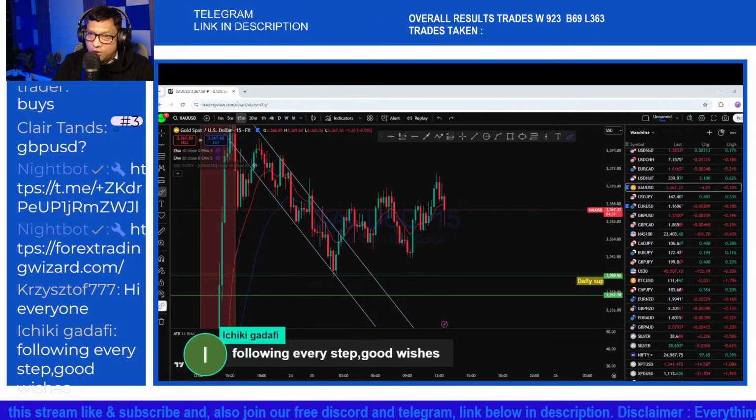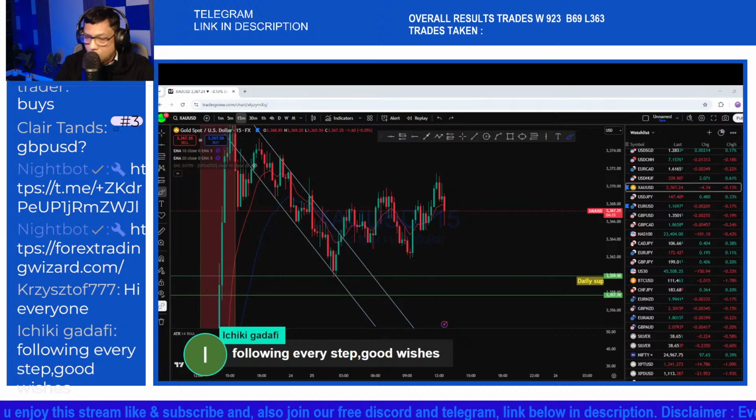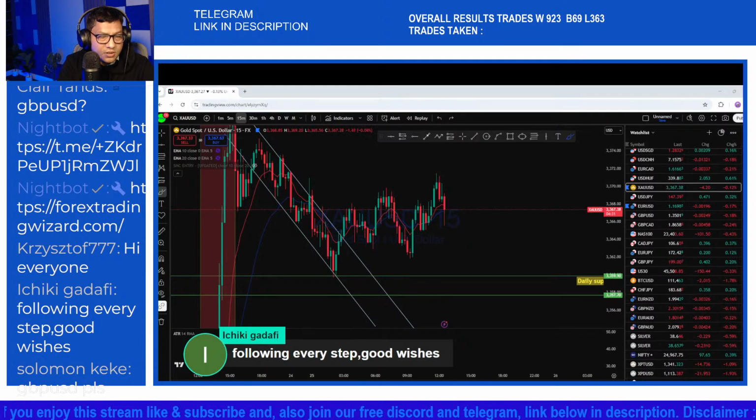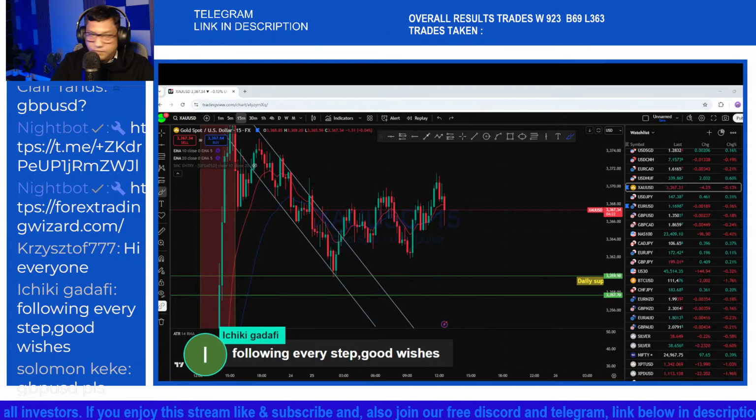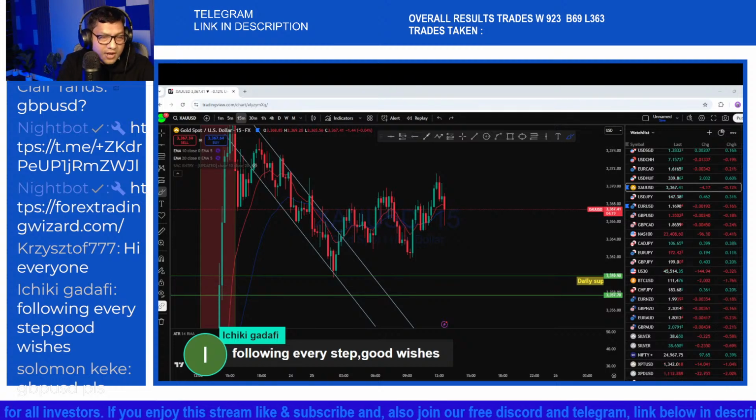GBPUSD, I will be looking at also, one currency. We had a euro dollar trade in a previous session. Bounce from current level.